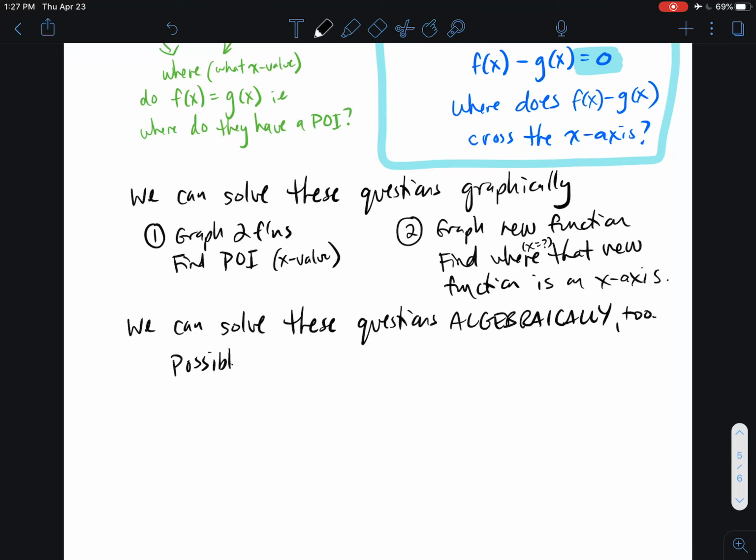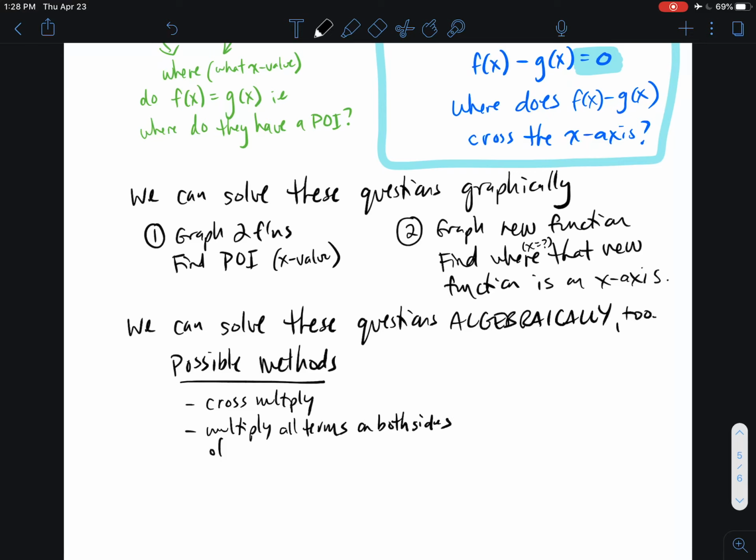So possible methods, like we talked about previously, would be you can cross multiply, you can multiply all the terms on both sides of the equation by the lowest common denominator. And this is the strategy that the CEMC uses. It's also a strategy that you'll see in your textbook.